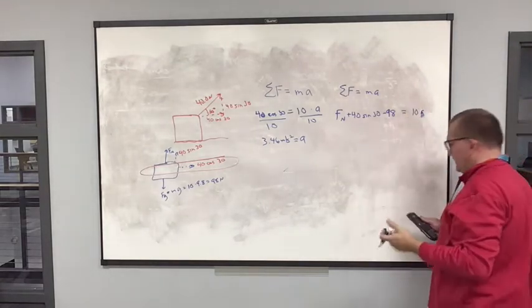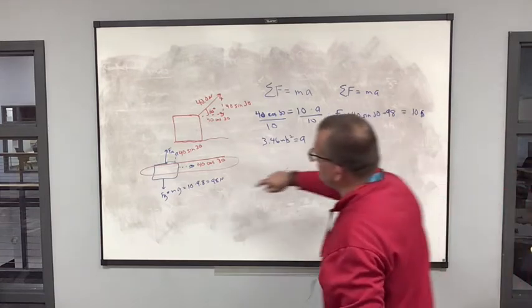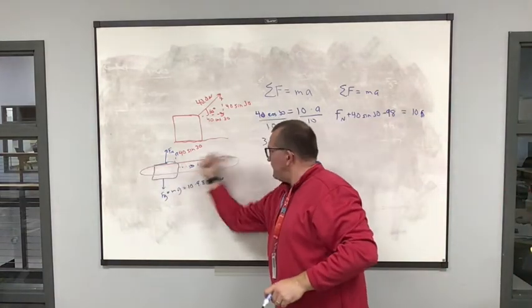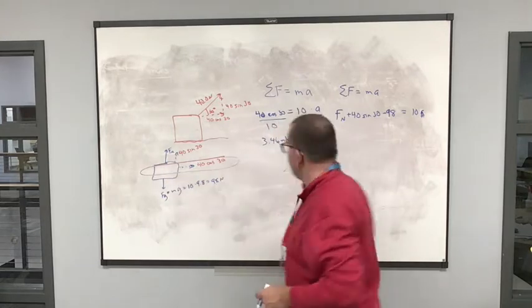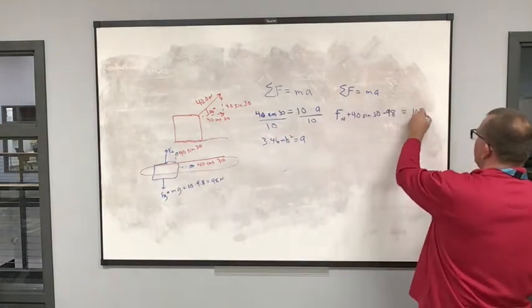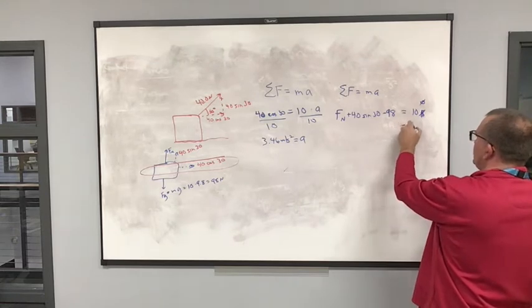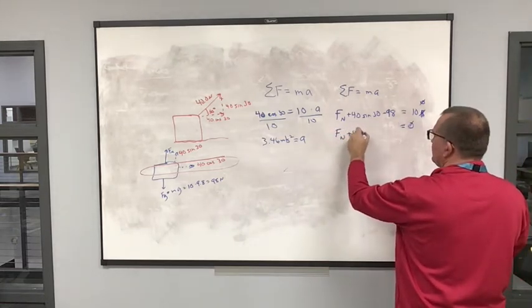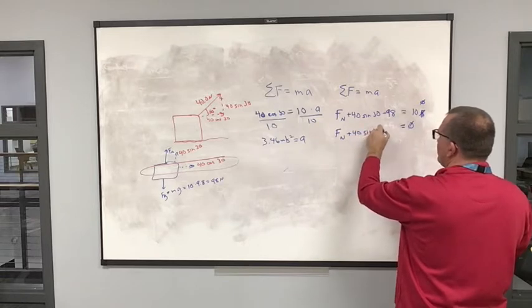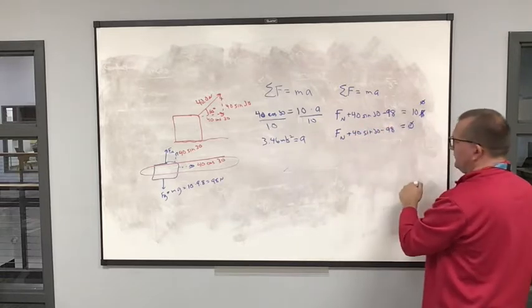Okay, 10 times a. So then I look at the y. My object's sitting flat and going this way. My acceleration in the y, right, is going to be 0. So 10 times 0 is 0. So I'm going to get Fn plus 40 sine of 30 minus 98 equals 0.